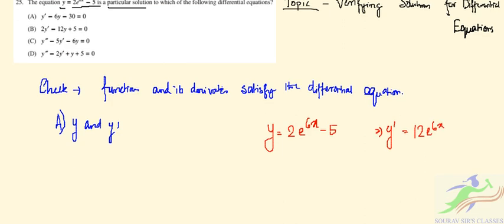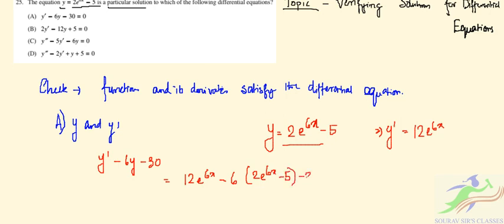So if we check with option A, it is given as y prime minus 6y minus 30. So 12 e to the power 6x minus 6 times y, and we put the value of y over here, which is 2 e to the power 6x minus 5, minus 30. If we simplify this, it will equal 0 only, right?